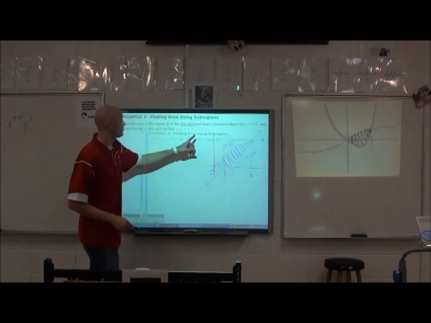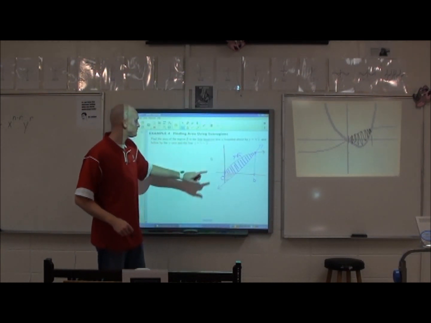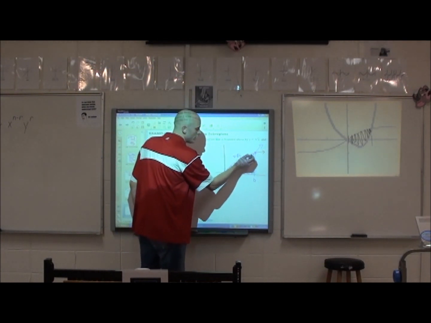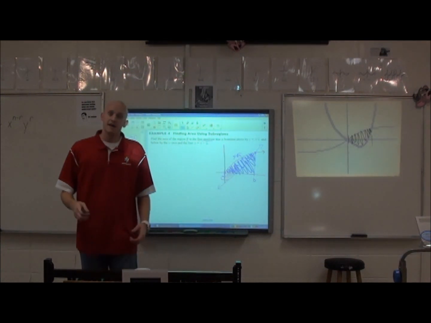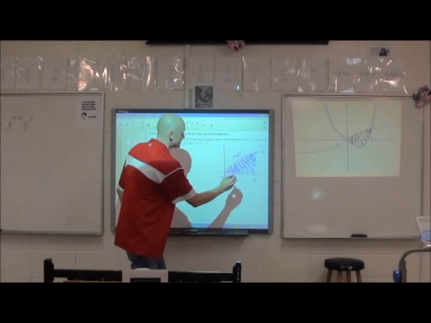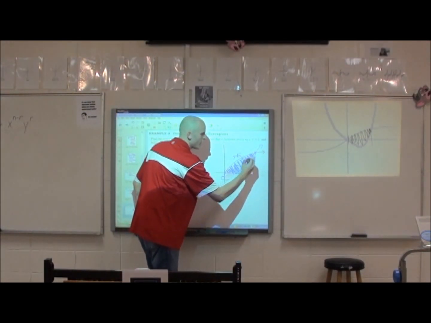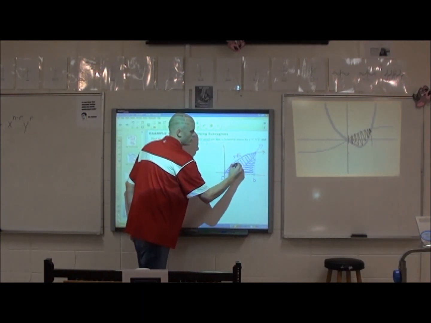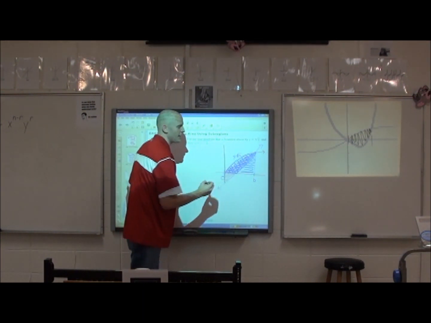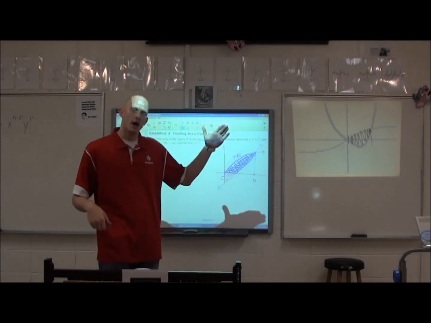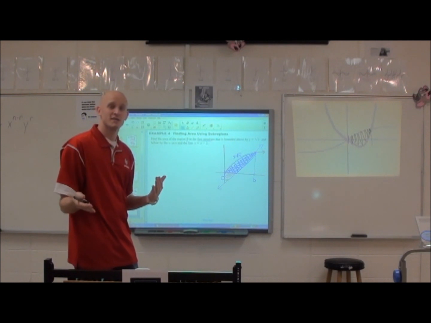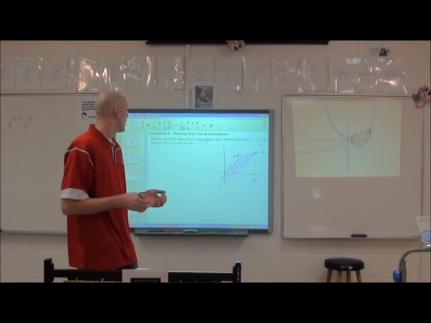Now what that's going to do, if we have this area total, and then I can subtract out this area here. And what we'll be left with is the area that we're looking for, which is only the area bounded by the upper curve, the line, and the x-axis. So many ways to do this, especially geometrically.